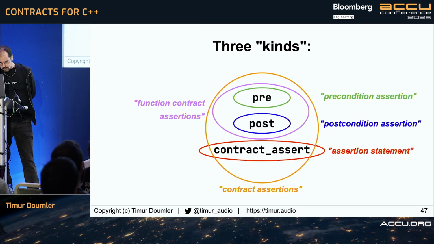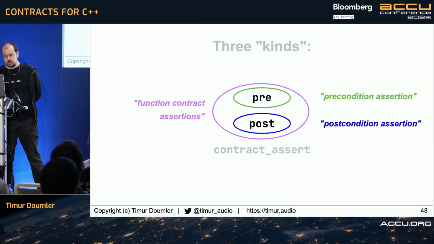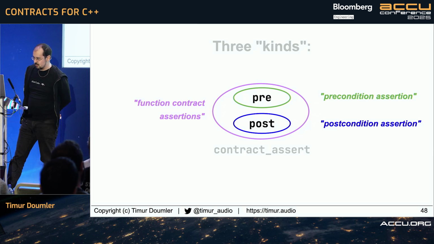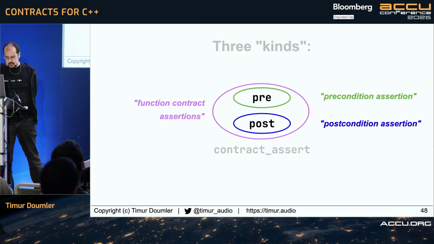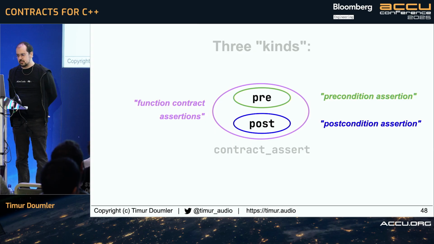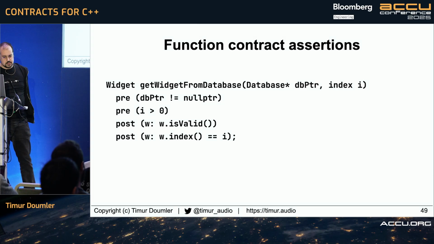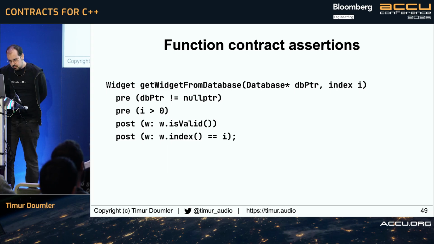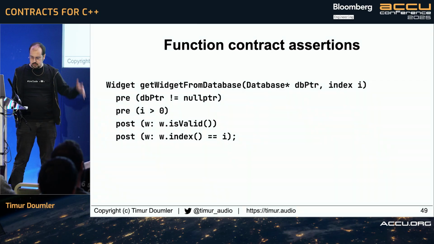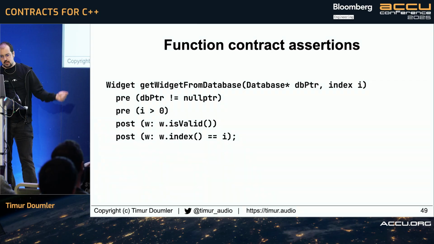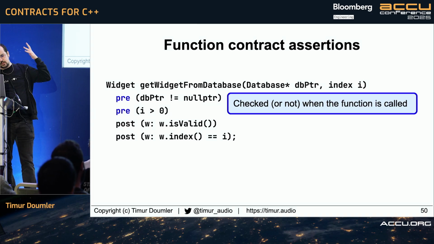So let's talk about these two because they're really new and really cool, pre and post, the function contract assertions. They go, as I already said, on function declarations. So if you have a function declaration, you can put these pre and post assertions directly on there. And they work exactly as contract_assert, except that they're on the declaration and not in a body. And you can express preconditions and postconditions with it. So for example, pre is checked when the function is called.